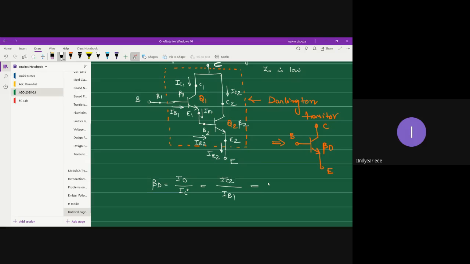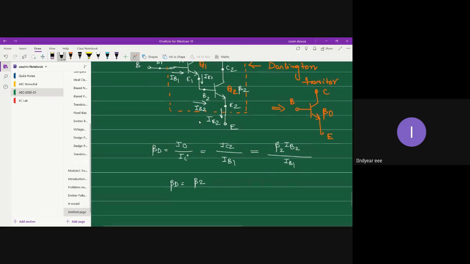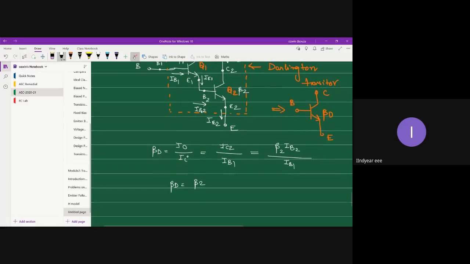Now IC2. In general, IC is beta into IB, correct? So with respect to IC2, it is beta 2 into IB2 divided by IB1. Or beta D is equal to beta 2 into IB2 divided by IB1.